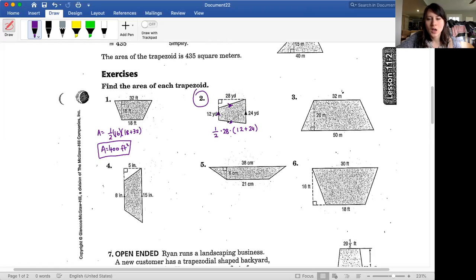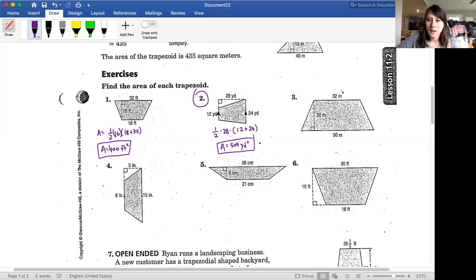And is this the base? Well, no, they're not parallel. So those are not the bases. So we're going to add this up. 1/2 times 28 times 36. Plug that in. And the answer is 504 square yards.